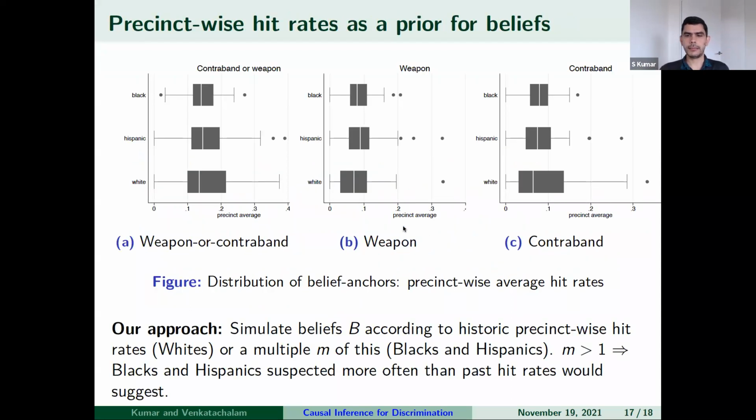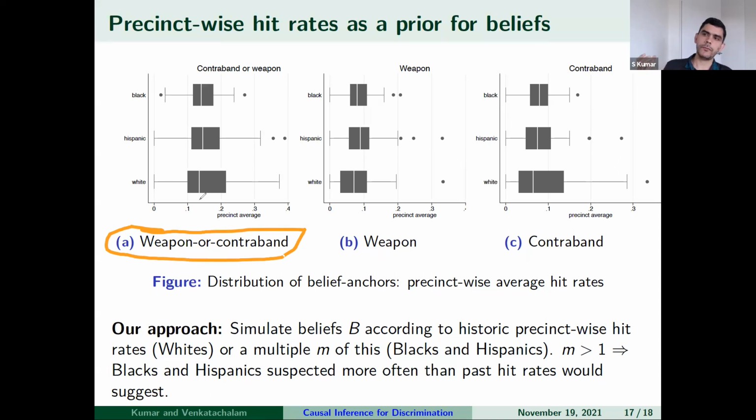So here is the distribution of precinct average hit rates for these 3 things. At the moment, it's probably best if we only pay attention to this one, but the same story carries through. The only point of this picture is to say, look, there is substantial variation across precincts in these hit rates. This is from 2017 and 2018.